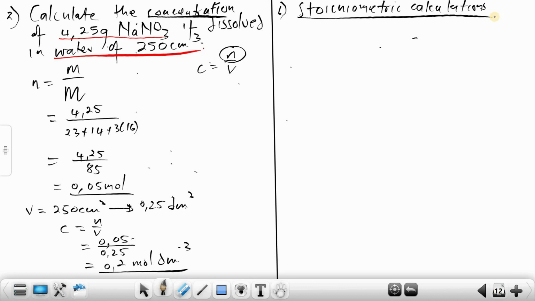And basically what it says is we work from the given to the unknown, or what is the question in this case.